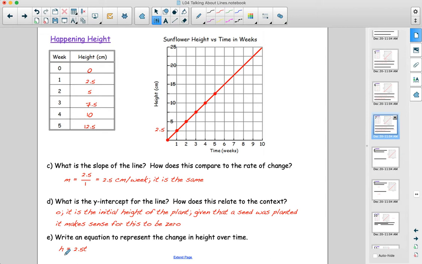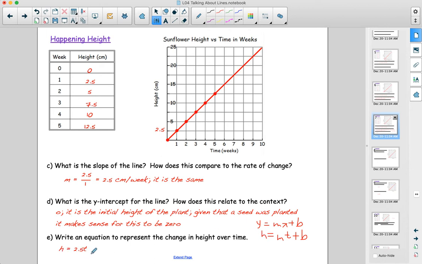So the equation we're going to use is h is equal to, then we will put our m times our independent variable, which was t, plus b. So normally we write y equals mx plus b, but we talked about in context you should always use meaningful variables, and in this context our independent variable is time, so variable t, our dependent variable is height, so the variable h.